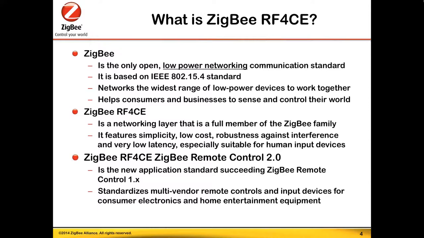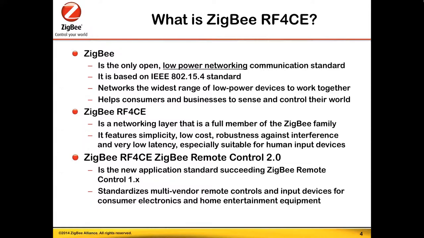Now, on top of this network layer, there's also what is called ZRC 2.0, ZigBee Remote Control 2.0. And actually, that's what we call an application profile, a whole set of commands, including how to connect, how to disconnect devices, assure security, assure proper functioning, and so forth.